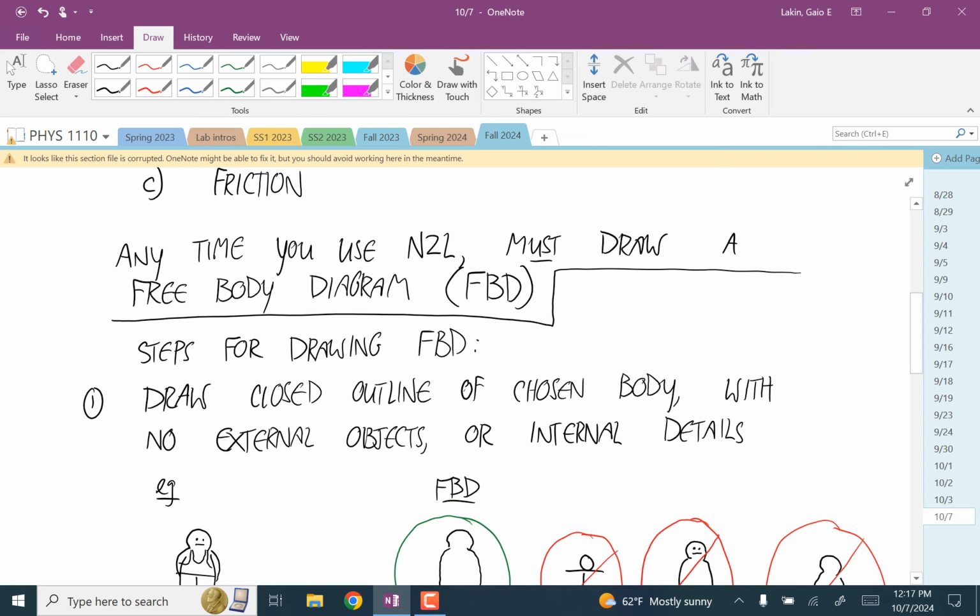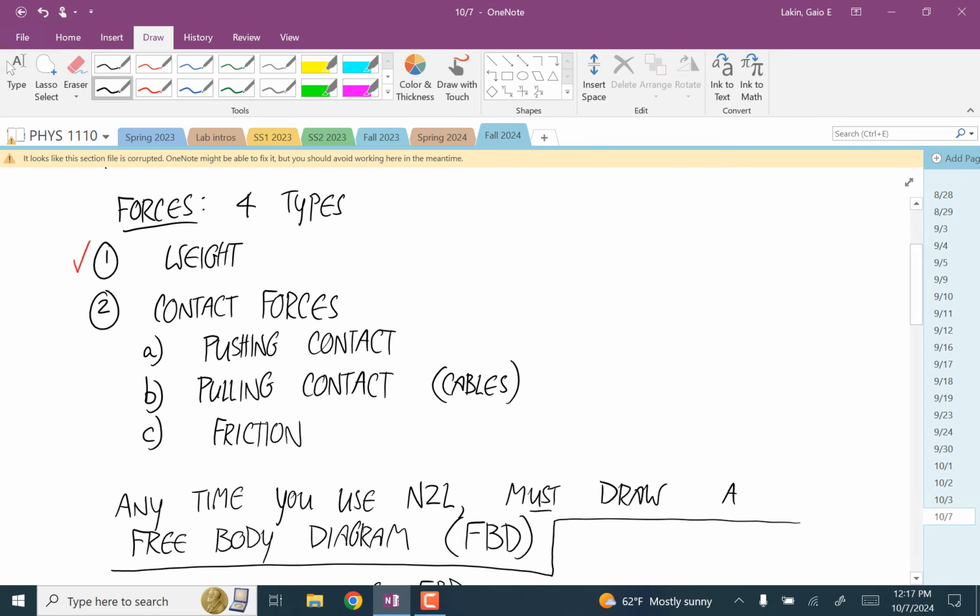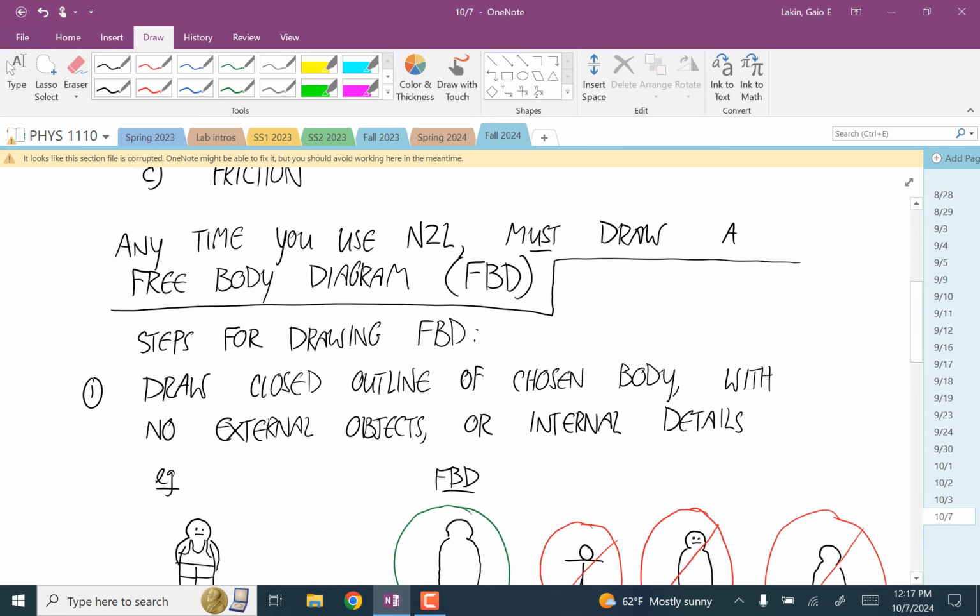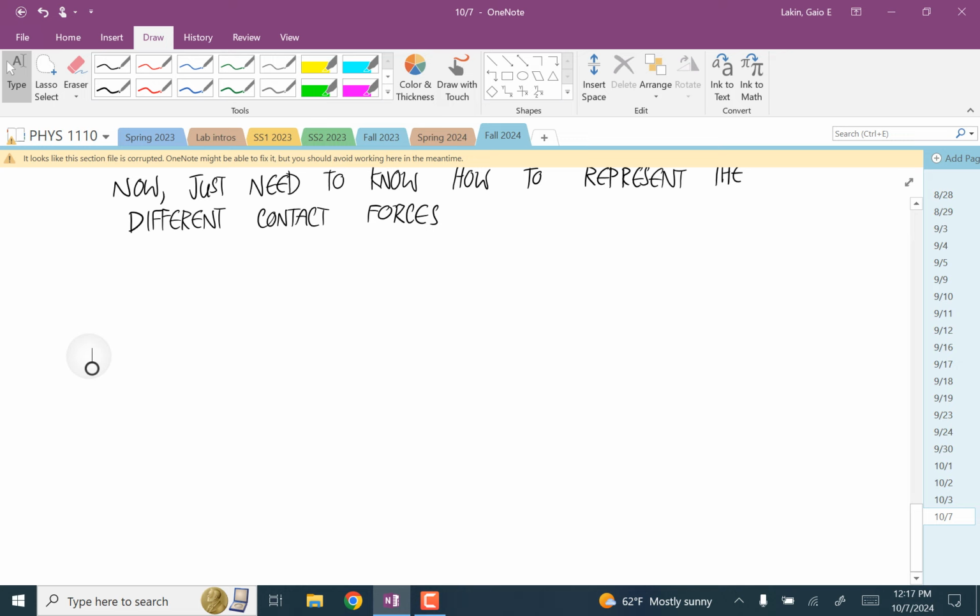The contact forces are pushing, pulling, and friction. So now I'm just going to go through those one by one, and we'll do examples as we go.